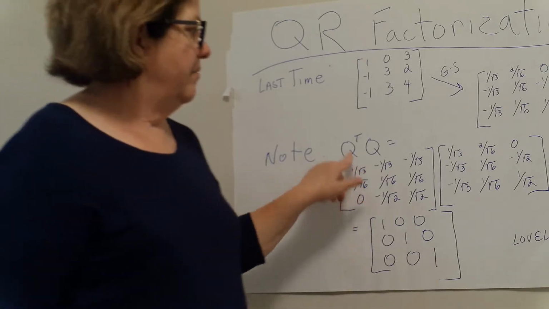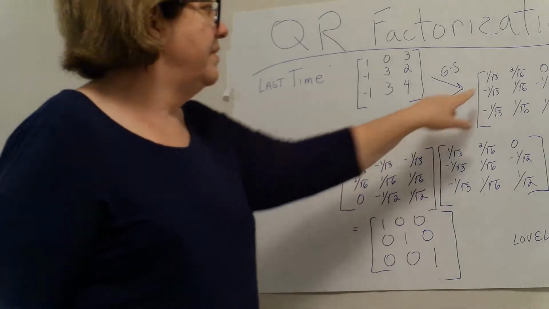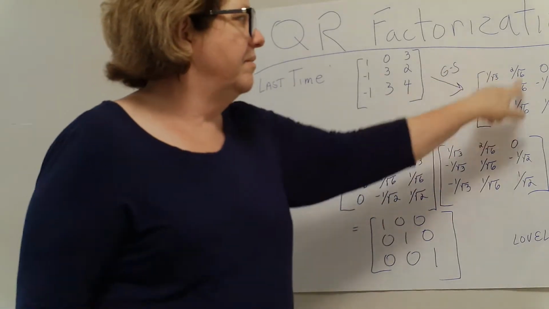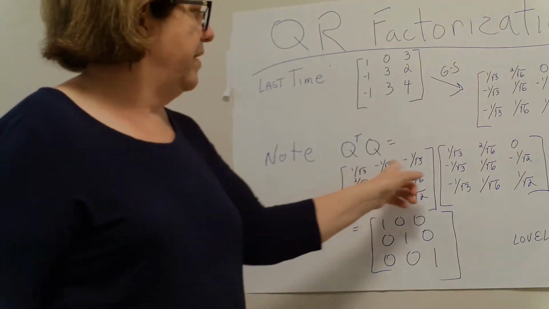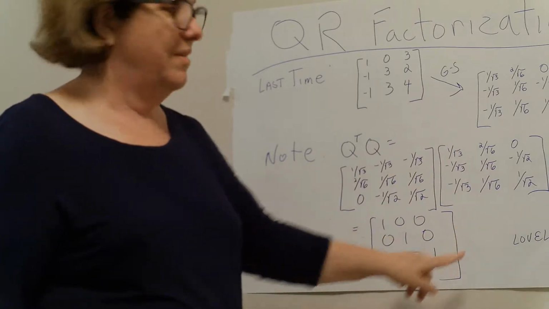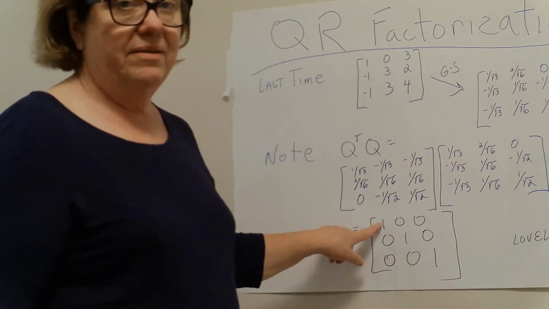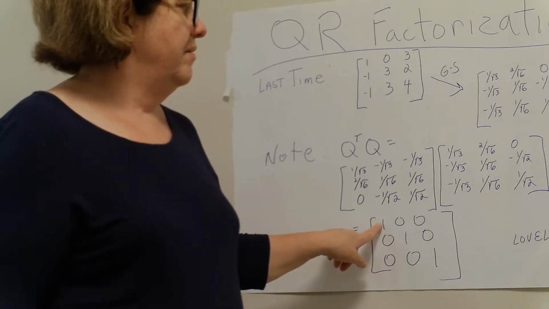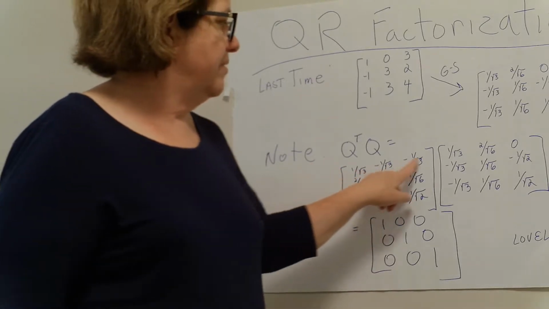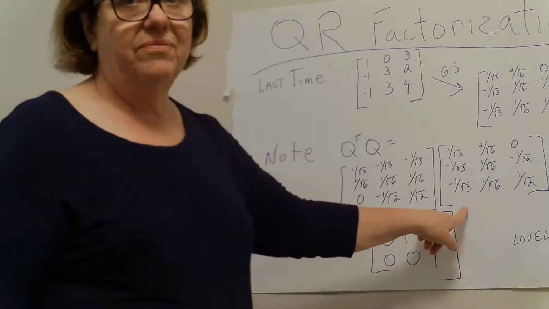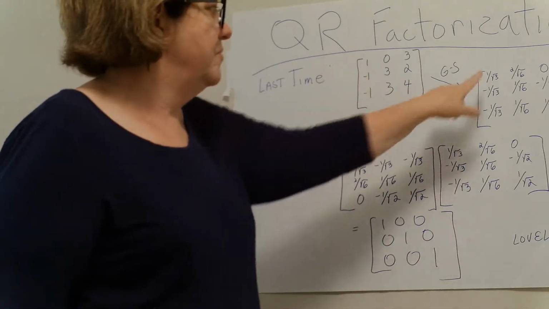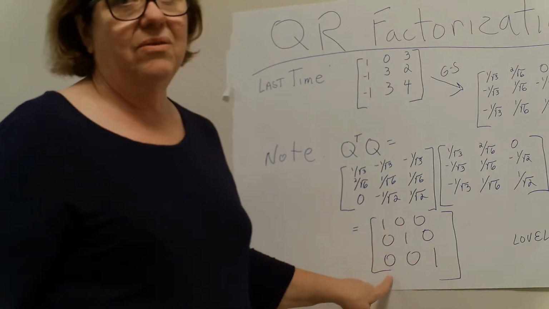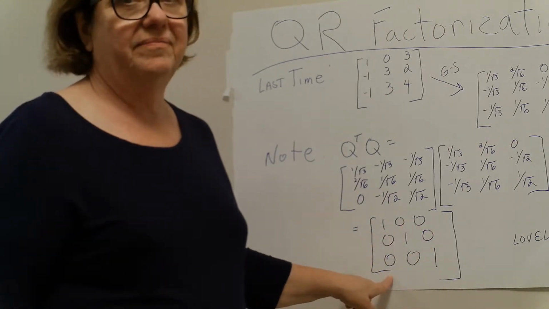Well, remember Q transpose is each of the columns, each of the rows here is a column here. And when I multiply the rows times the columns here, I'm going to get 1 for the dot product of the vector with itself, because these columns are orthonormal. For everything else, I'm going to get zeros because they're orthogonal.